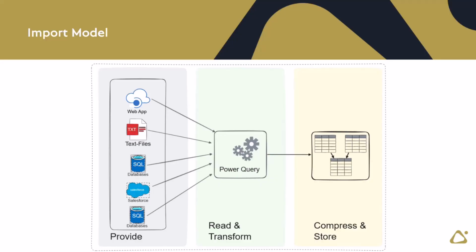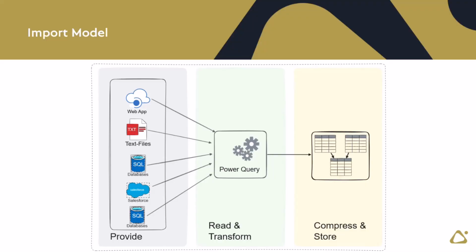In an import model, the source system mainly provides the data at the time when the data is loaded into the semantic model. Power Query, in the middle, acts as an ETL layer and reads the data, transforms it, prepares it, shapes the form. It is used afterwards in the semantic model.